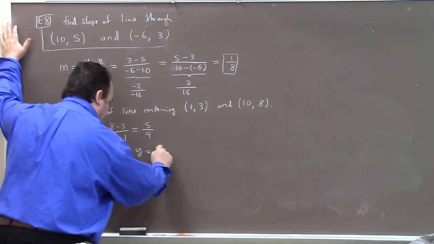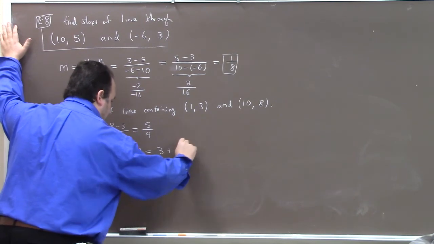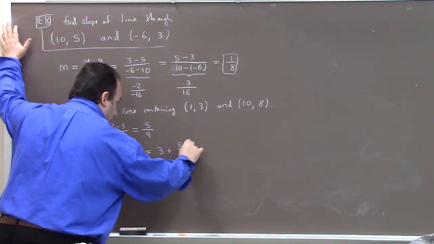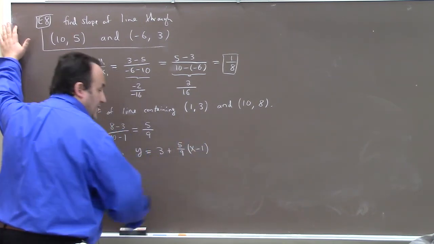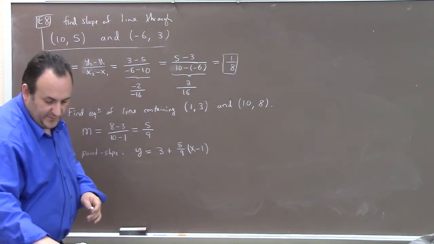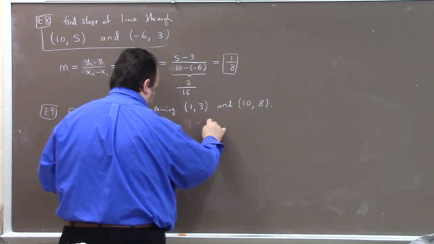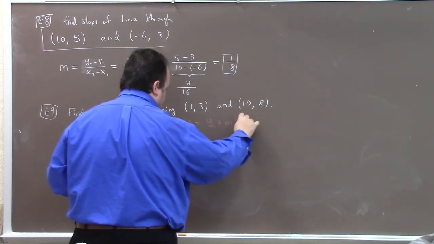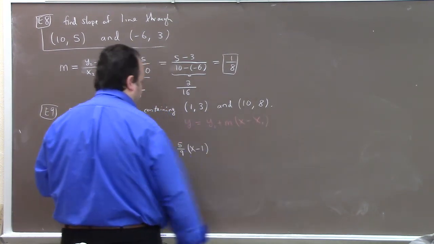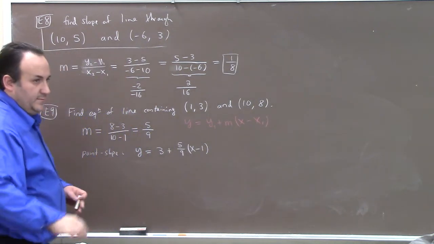So we do the y component, which is 3, plus the slope, 5/9, times x minus 1. Because remember, the point slope formula was y minus y1 equals m times x minus x1. You can't choose wrong.